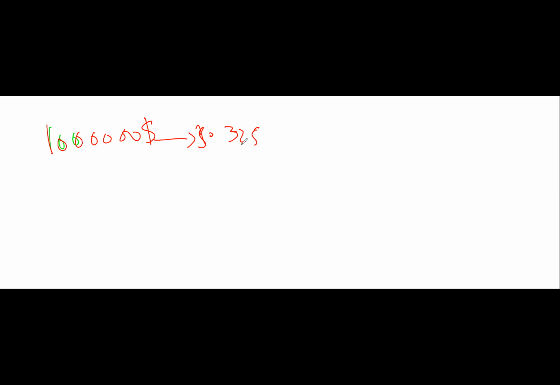We are buying New Zealand dollars, because this rate is the New Zealand dollar rate, right? So how much do we get? 1 million divided by 0.325.